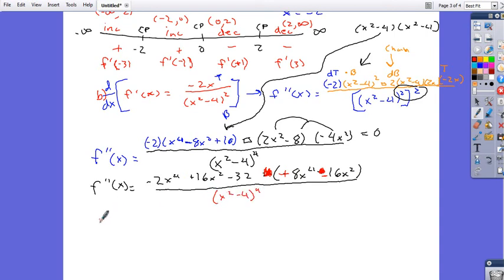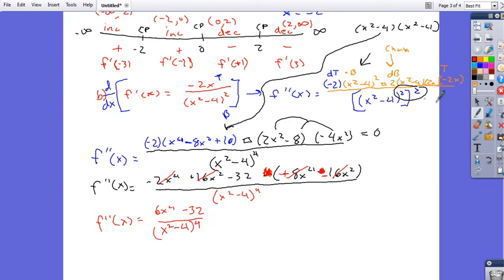So we end up with 6x to the fourth power, that those cancel, plus, I already got those. 6x to the fourth power minus 32. That was easy. Not 36. All over x squared minus 4 to the fourth power. So this all ends up pretty easy.